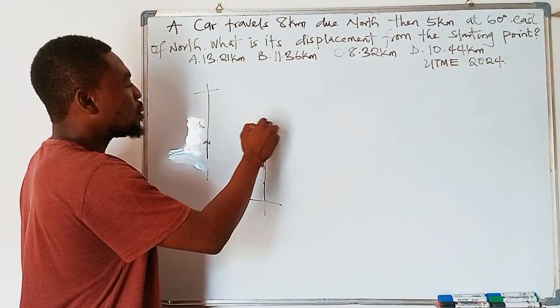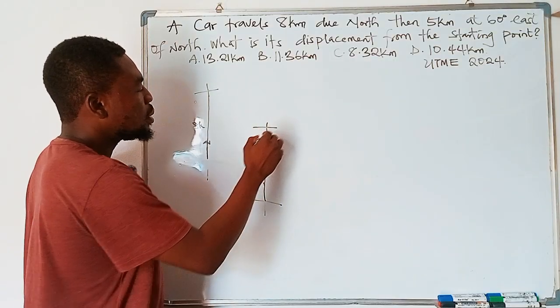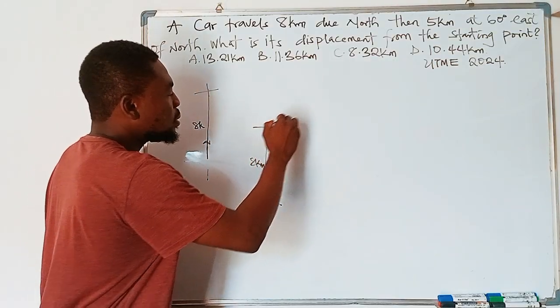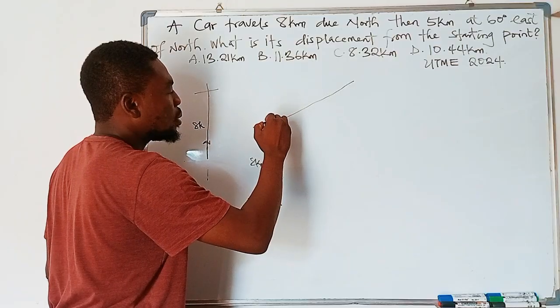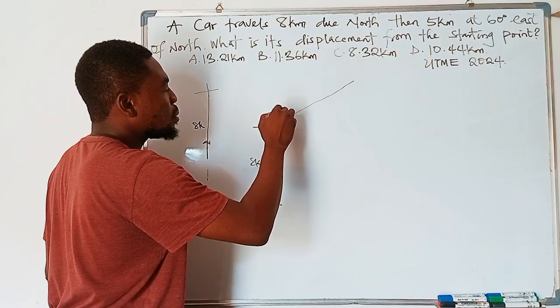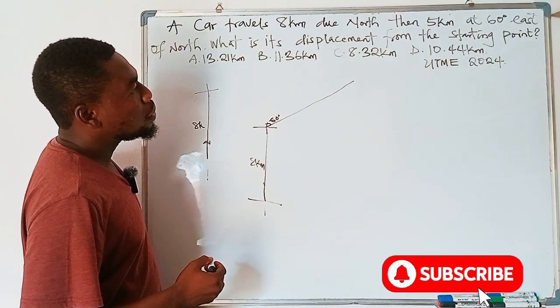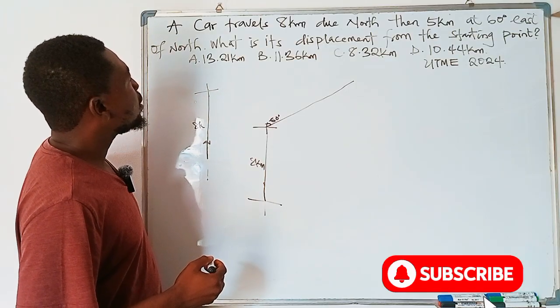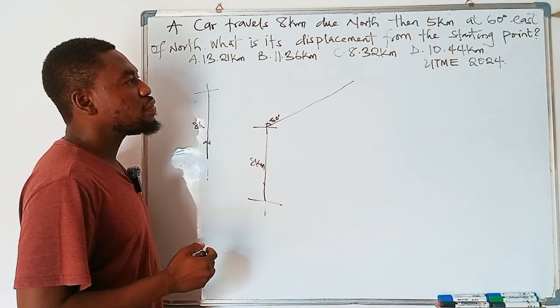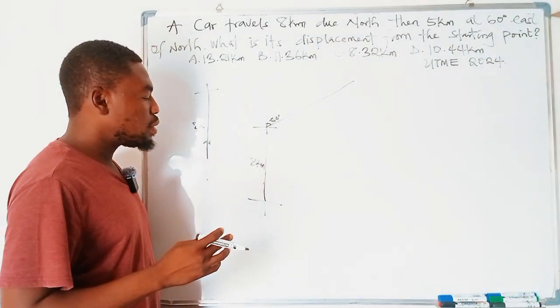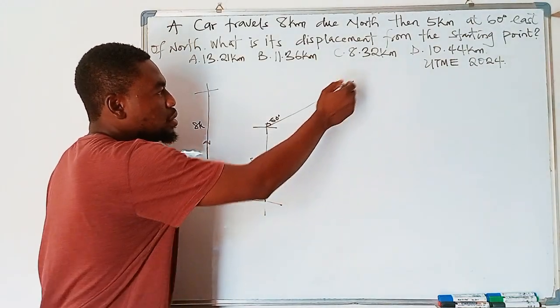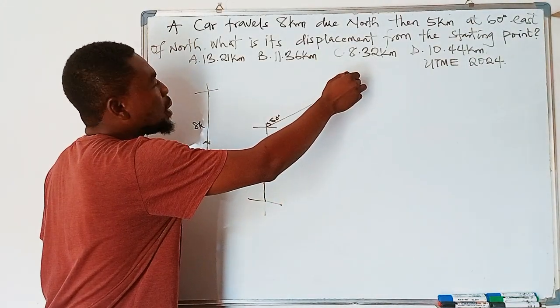5 kilometers, 60 degrees east of north. So we have another cardinal point here. 60 degrees will look like this. Here will be 60 degrees. The question says, what is its displacement from the starting point? This is the starting point, and this is where the car ends.